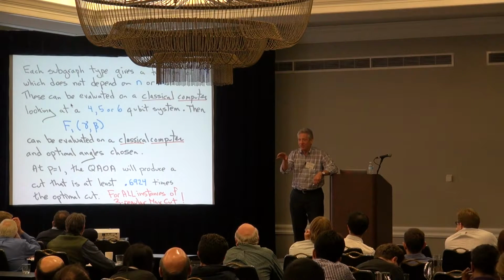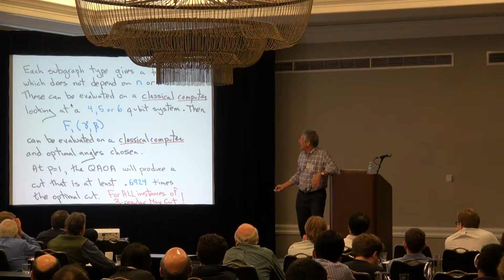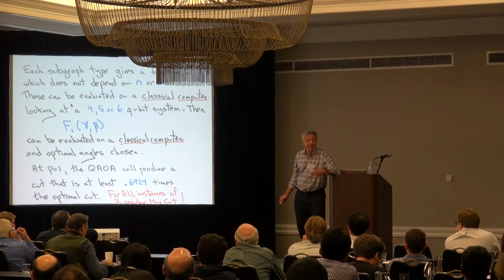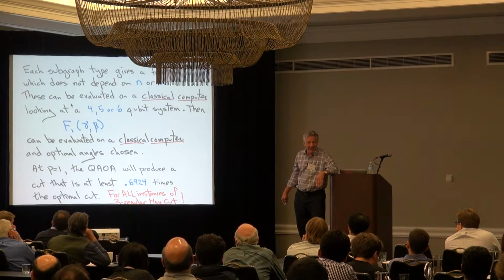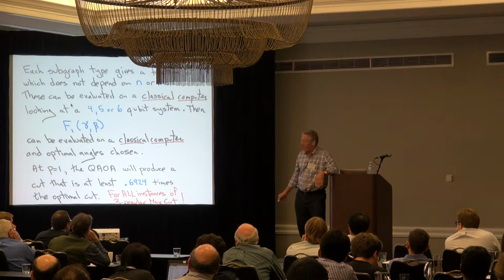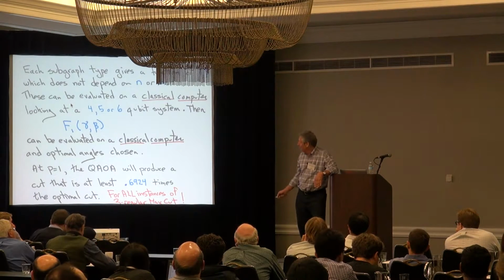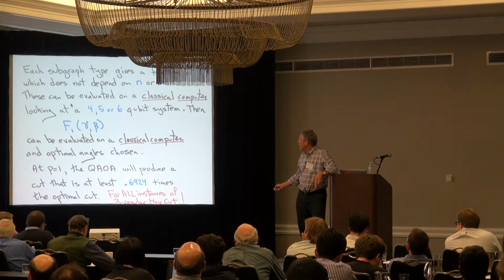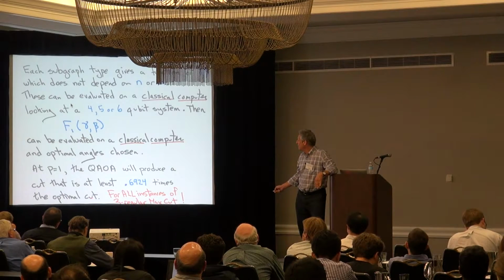It has to be frustrated. So for any given graph with a certain number of those different types of subgraphs, I can put an upper bound on the denominator, and therefore we can compute the approximation ratio. And we can prove that we get 0.6924 times the optimal cut.